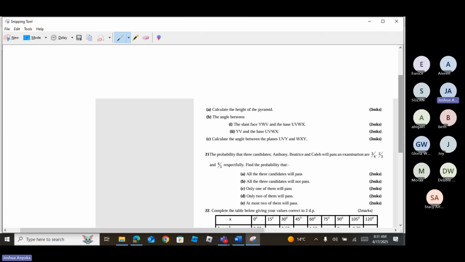Here we have categorically 3 people sitting for an examination. So let's start with a tree diagram.